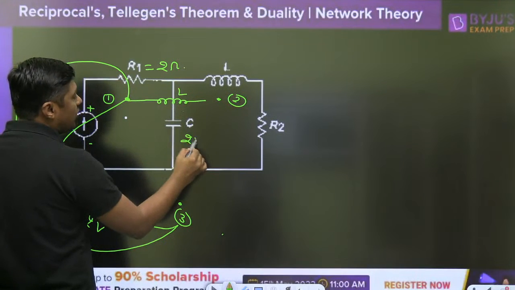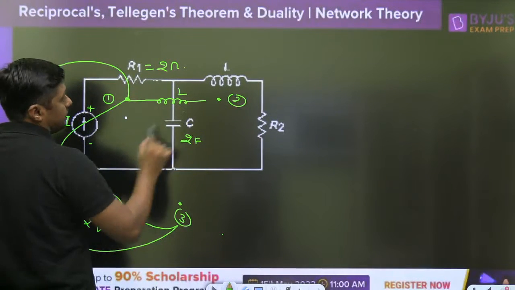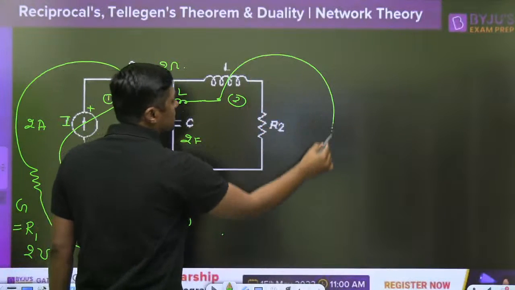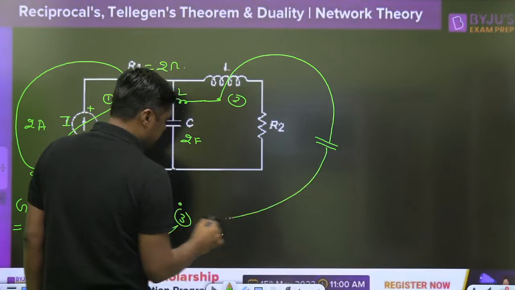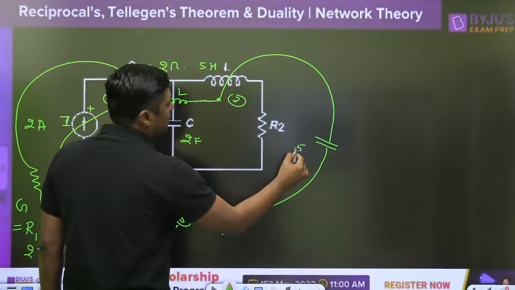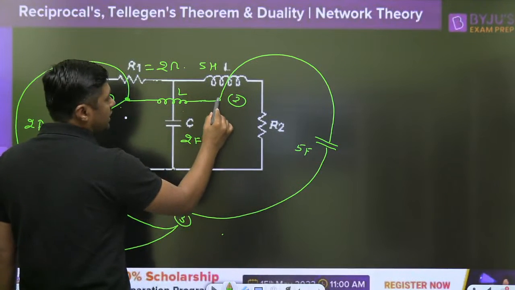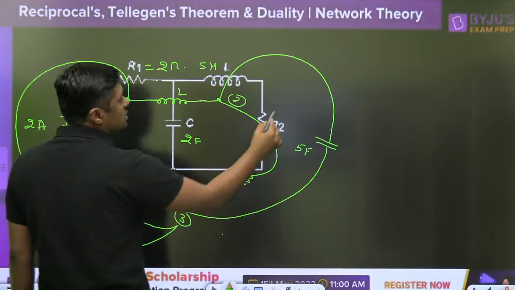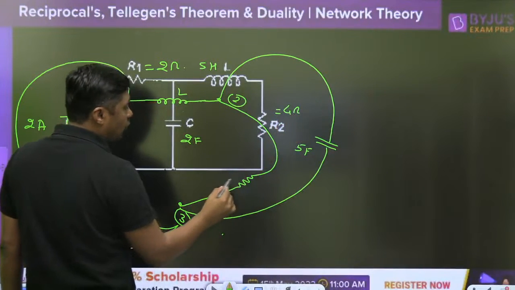For example, if it is 2 farad, it will become 2 Henry. This inductor is converted into capacitor. For example, if it is 5 Henry, then it will become 5 farad. And finally, this resistor is converted into conductor. If this is 4 ohm, this will become 4 mho.